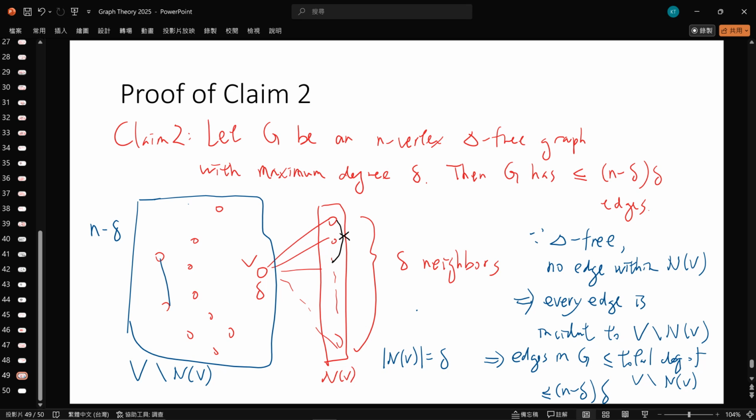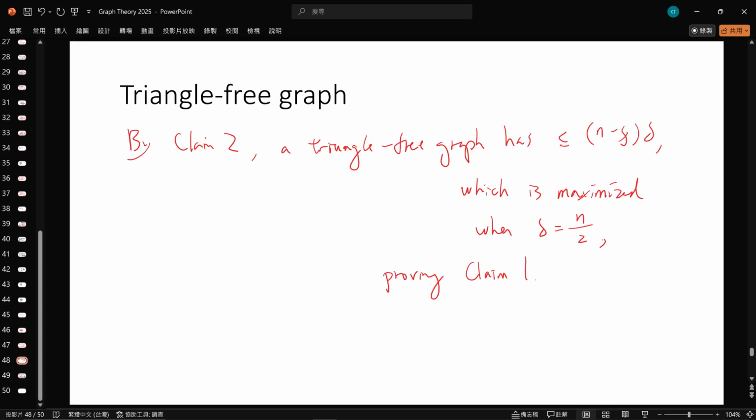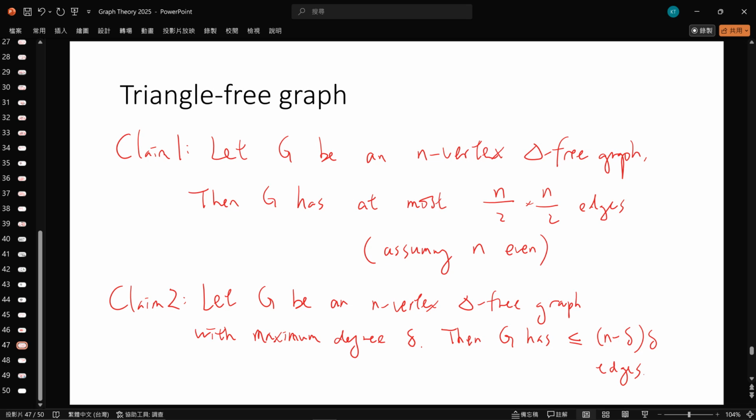Recall that what we want to prove is the maximum number of edges in a triangle-free graph, okay? So we want to have this result, but to prove this result, we need to get a handle, and the handle here we have is the maximum degree.